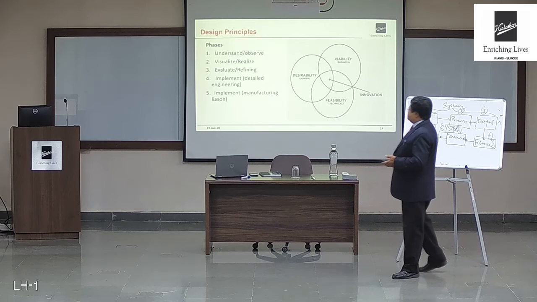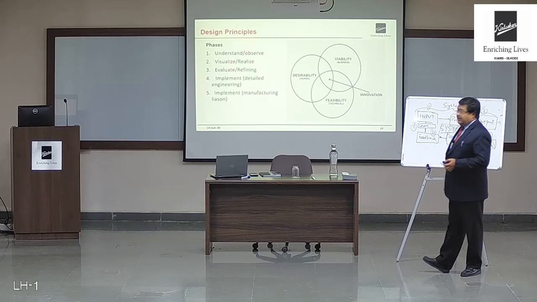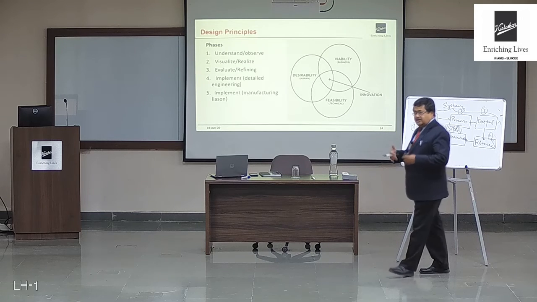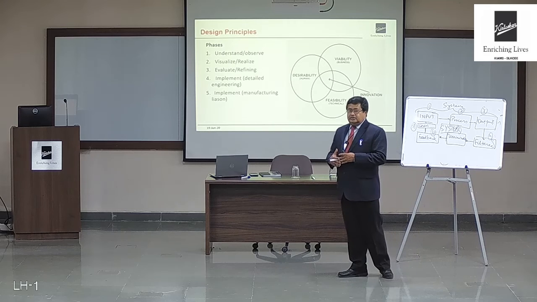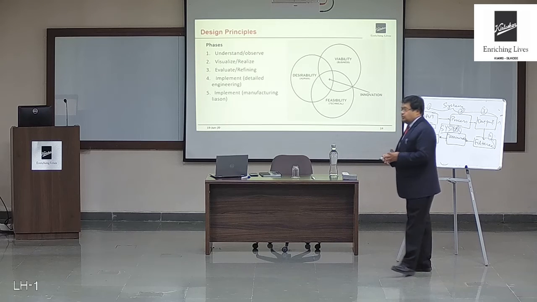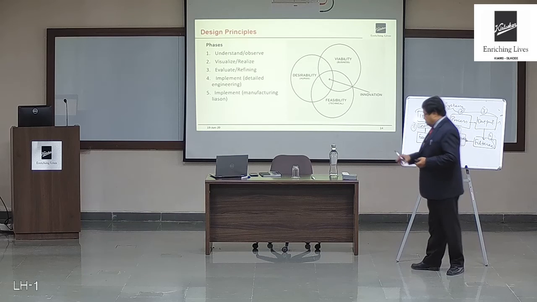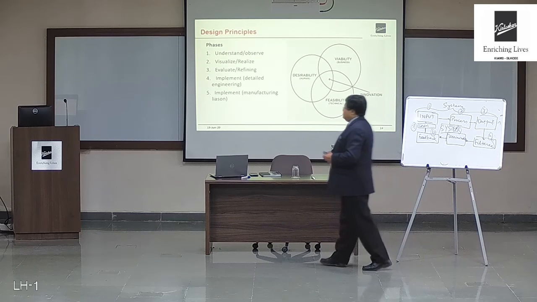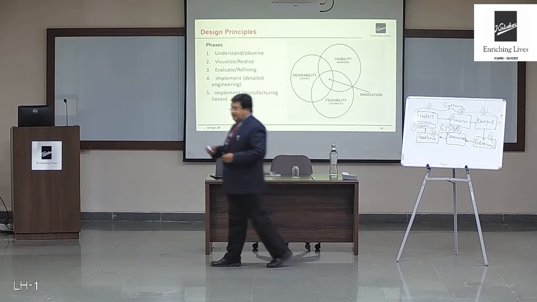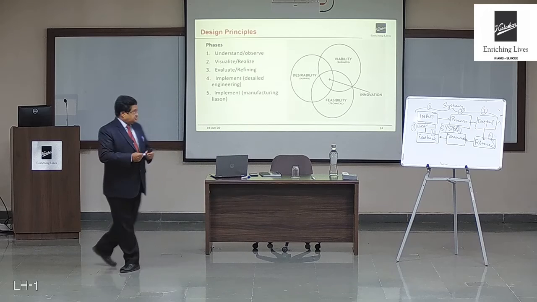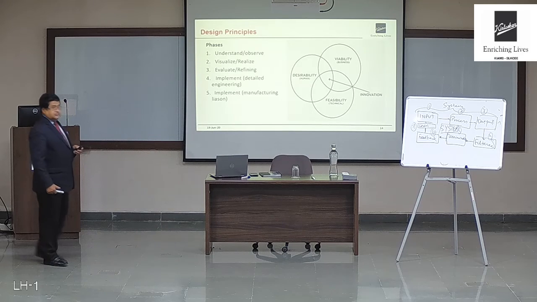So you need to understand and observe, and then based upon the data you have collected, you need to visualize, and you need to have some sort of realization of that. So visualization and realization will help you to get into the next stage of the design process, and then you need to evaluate and refine.